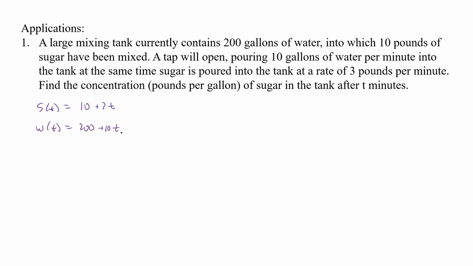Okay. So our overall concentration, maybe we'll call it C of T, is going to be equal to what? Well, it's going to be 10 plus 3T over our 200 plus 10T. Okay. And I would leave it at that. I wouldn't simplify any further. And I would just say that would be my concentration function after T minutes.